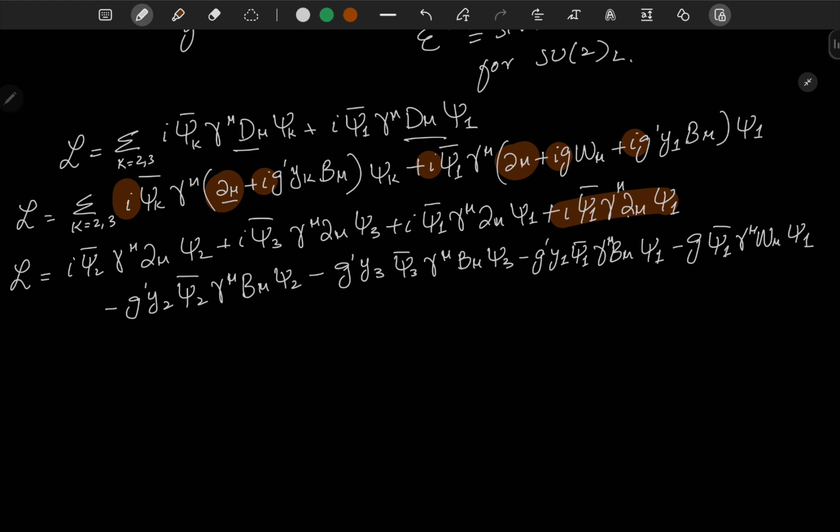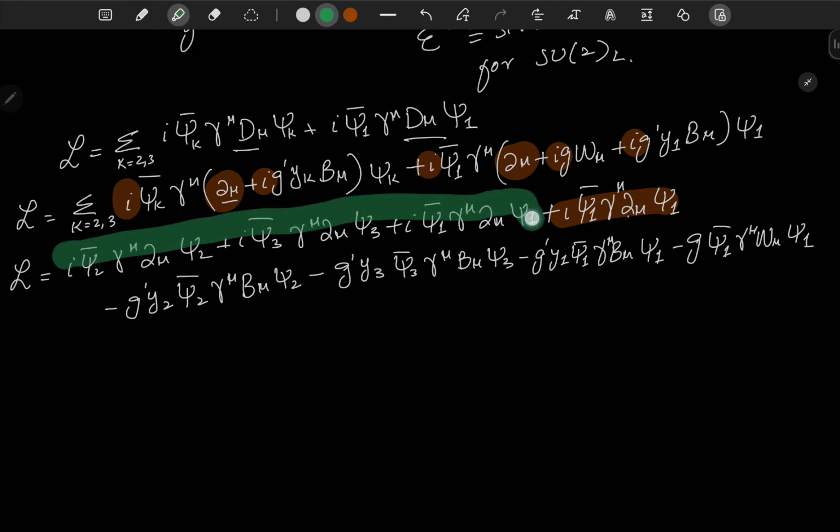Okay, so if I look at these terms, I can write these first three terms by compressing them.